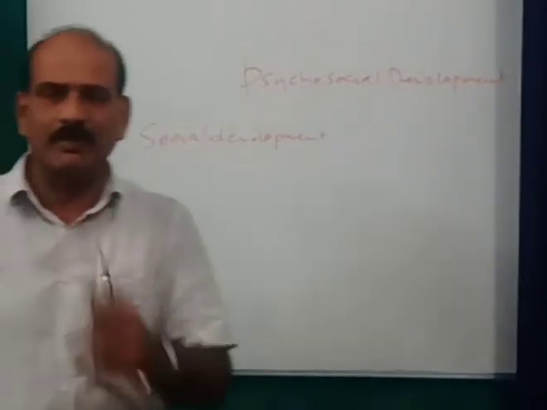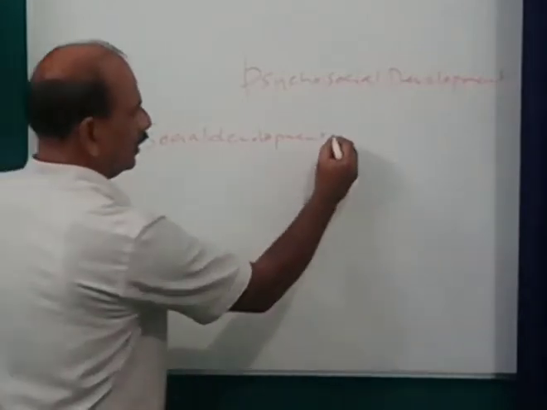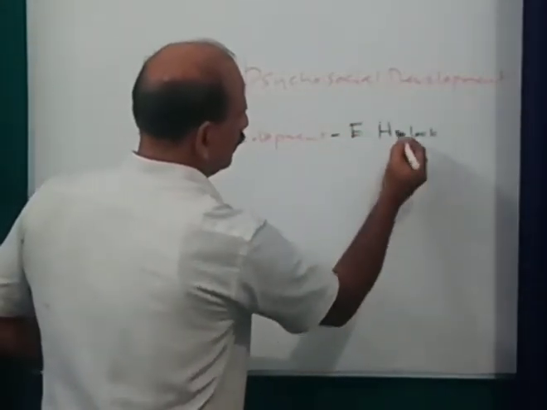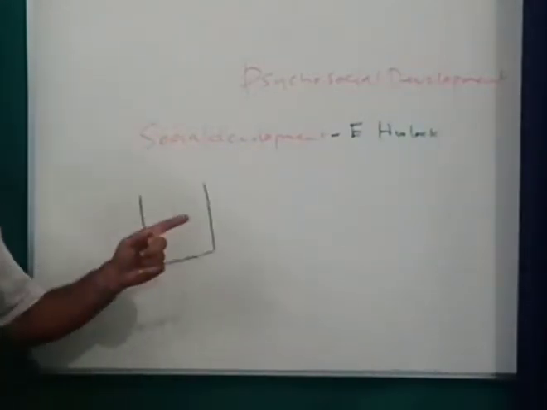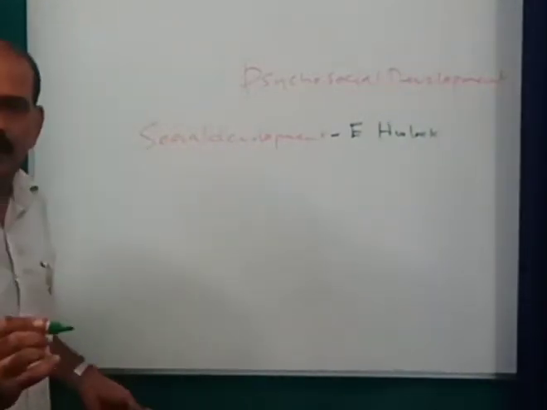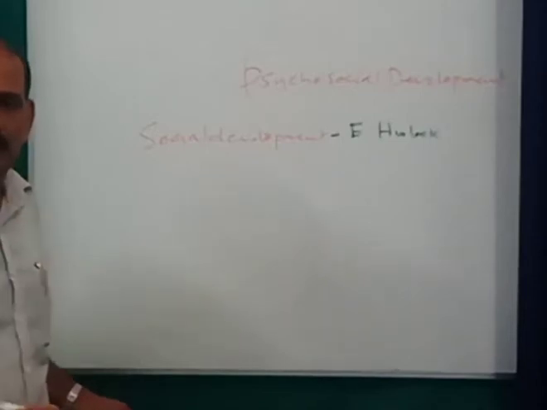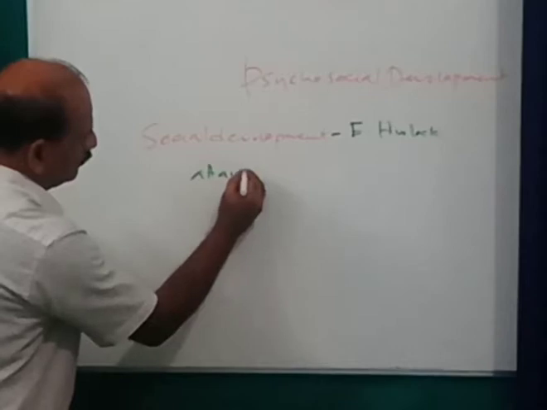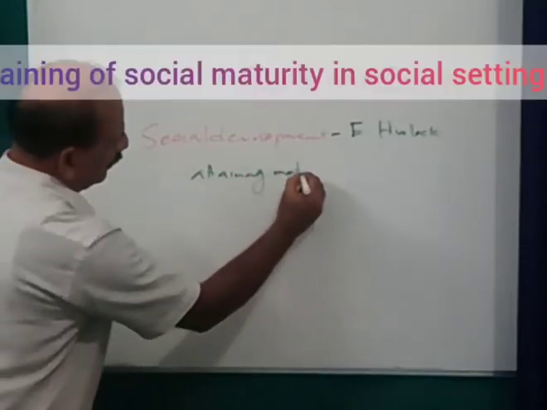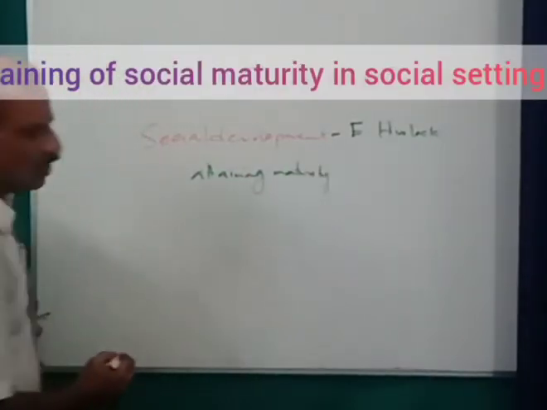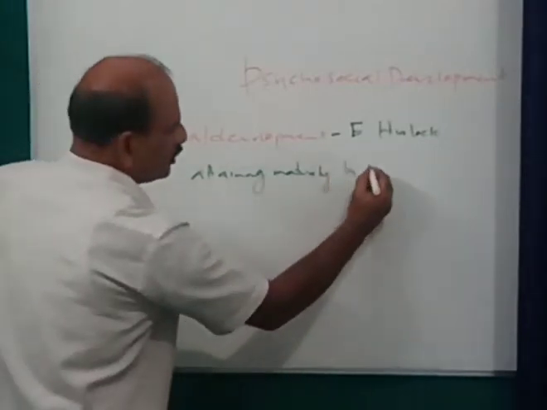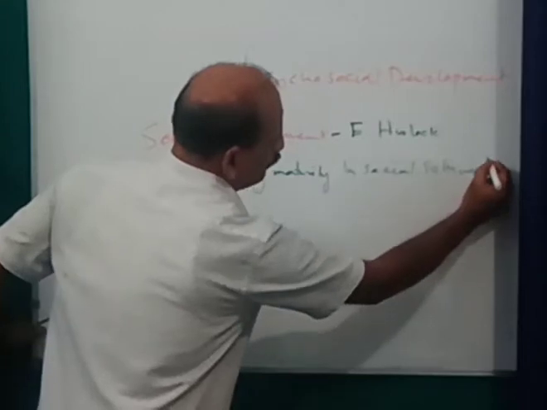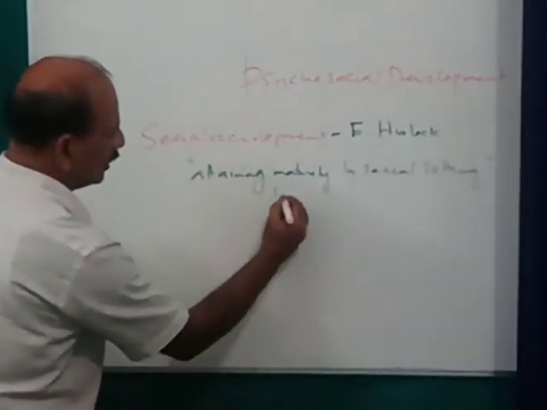According to Elizabeth Hurlock, the term social development implies attaining maturity in social setting. Attaining maturity in social setting is known as social development.